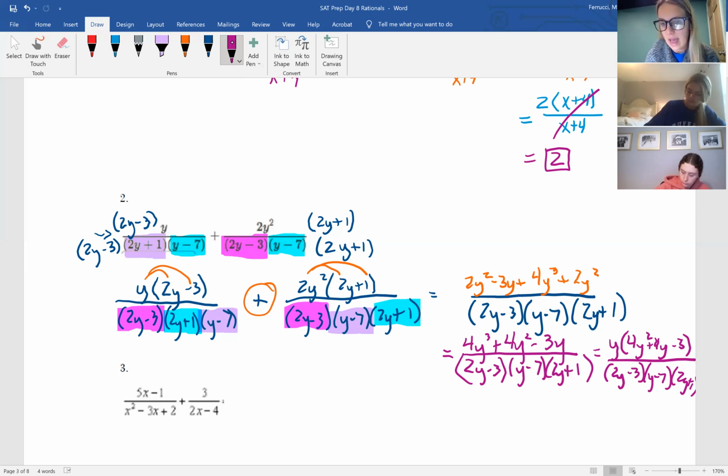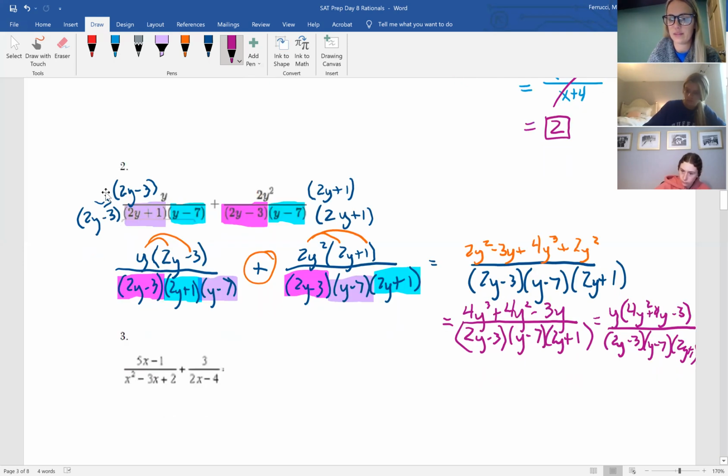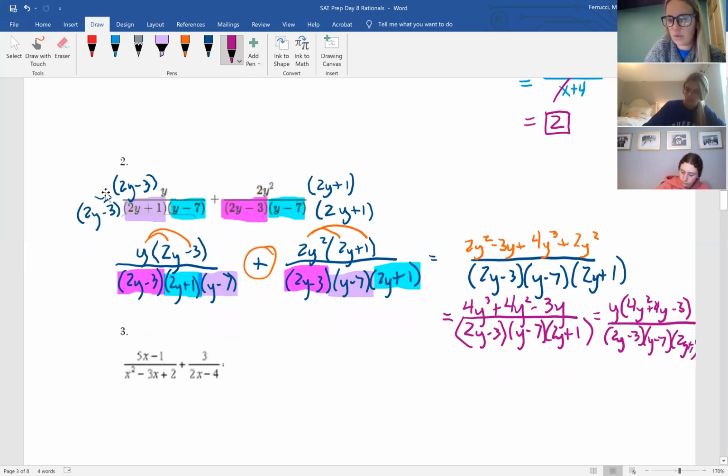There's a couple ways that we can do this, but what I say to look at is your denominators. They have a 2y minus 3 and a 2y plus 1 and a y minus 7. The y minus 7 isn't going to cancel out because it's not multiplying to 7 or any multiple of 7 up here.